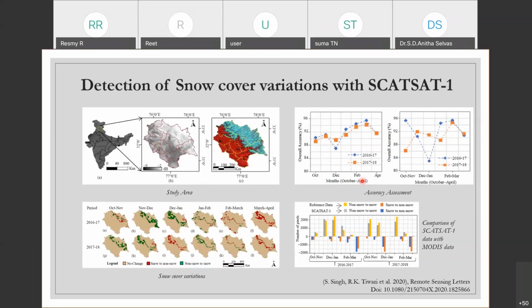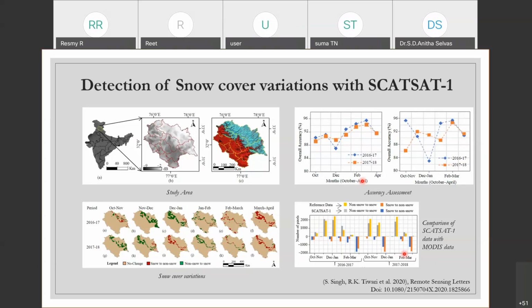So we utilized this scatterometer data and different classification techniques, unsupervised and supervised, to find out the snow cover for the years 2016-17 and 2017-18.